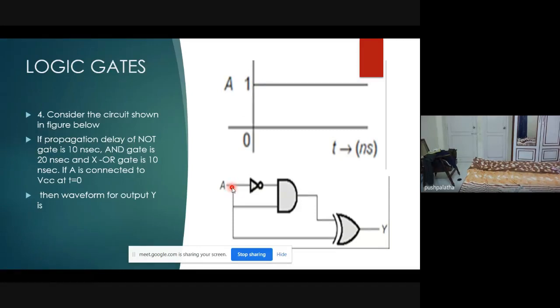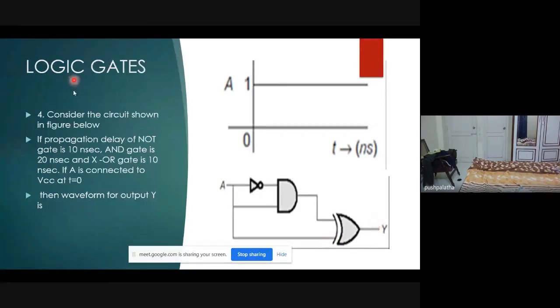Okay, so you are giving 1 to the NOT gate. So obviously this becomes 0. If any one of the inputs is 0, the output of the AND gate is obviously 0, right? So the same high value is given here to the XOR gate. If the inputs are different, the output is 1. Okay, so you'll get output 1. But what will be the delay?